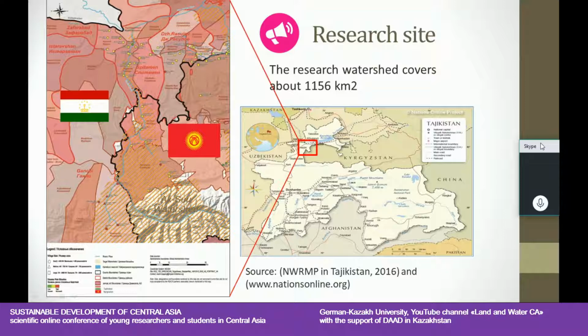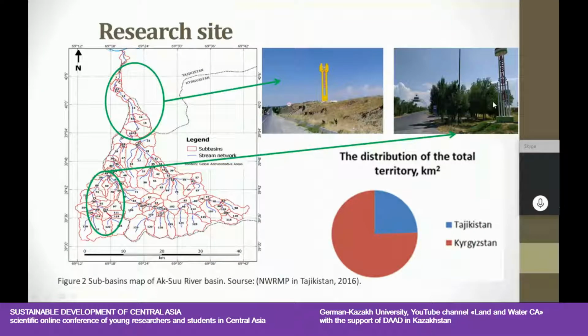From this slide, you can see the distribution is divided 25% and 75%. So 25% is in the Tajik part. So the study area is in two parts, as you see from this picture.